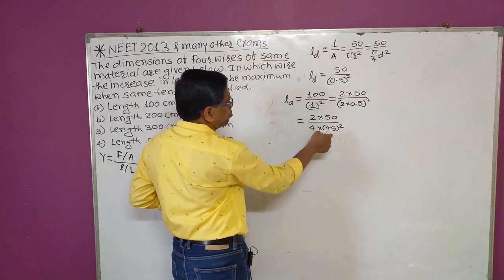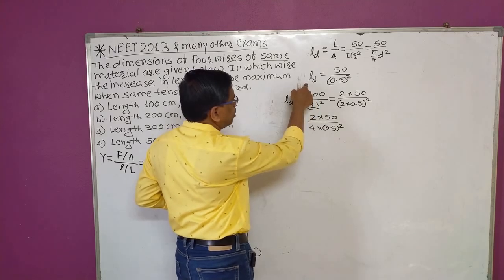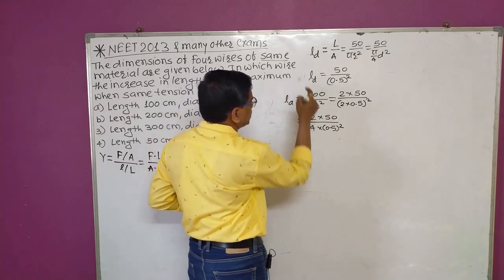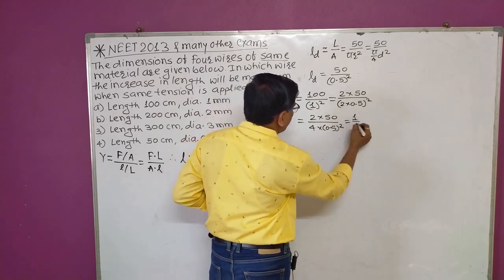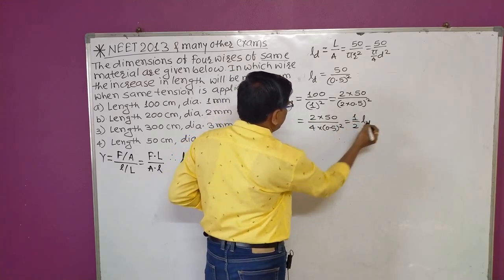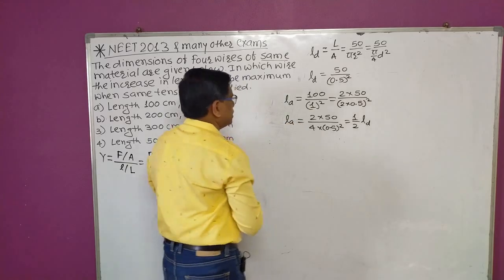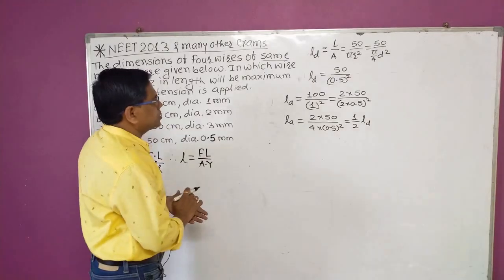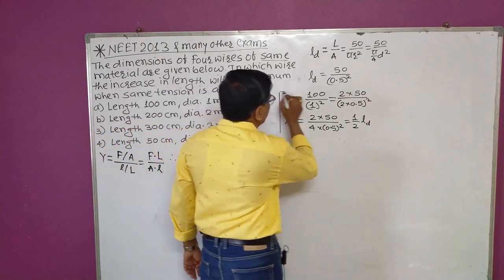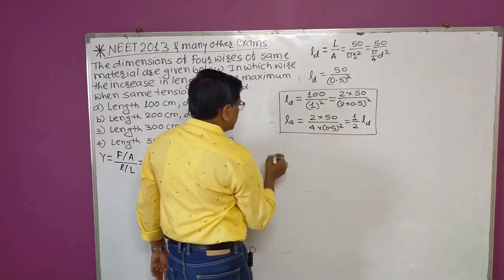So 50 upon 0.5 square is the elongation in the last wire, that is LD. So this is 2 by 4, that is 1 by 2, into LD. So we get that the elongation in A is half of the elongation in D.